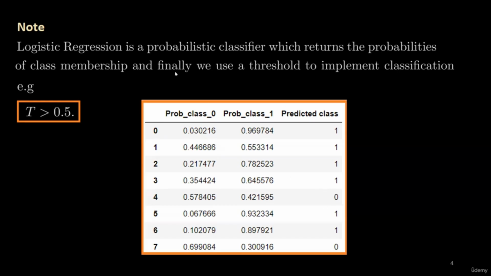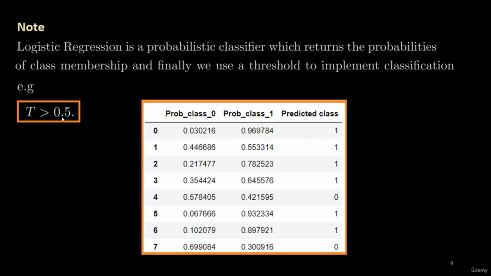So logistic regression provides us the probabilities, and then we set a threshold. Here the threshold is 0.5. If a probability is greater than 0.5, it means our data sample belongs to that class. Here we can see that this probability, for class 1, is greater than 0.5, so our predicted class is 1 because it is greater than our threshold.